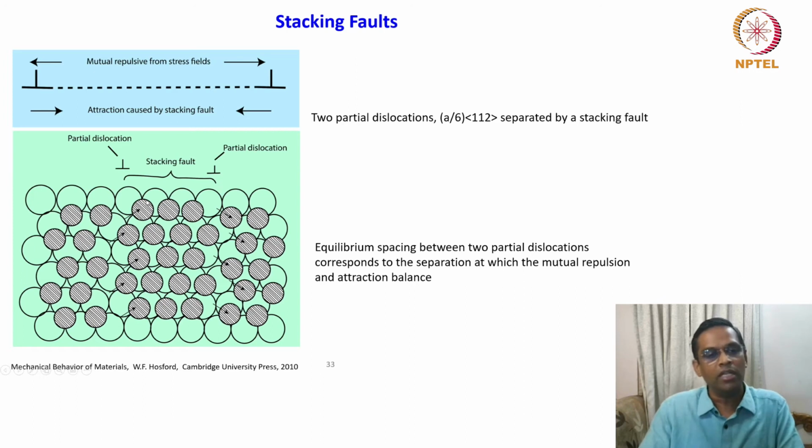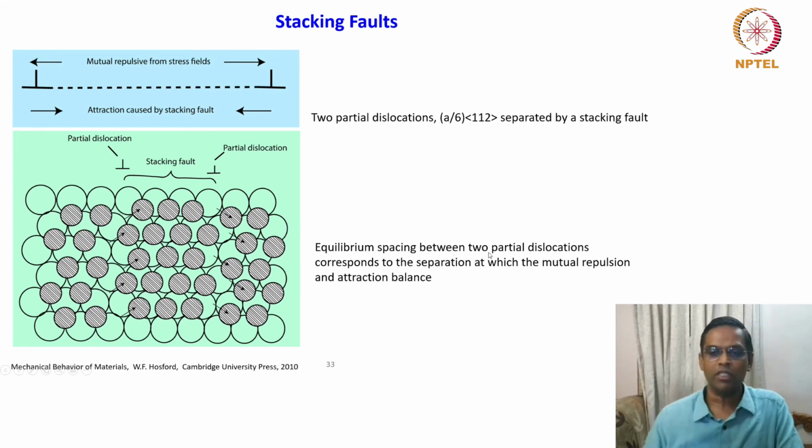So the in-between region will not be a perfect FCC, it will be a faulty region. This region is called the stacking fault region, and the energy associated with this region is called the stacking fault energy.